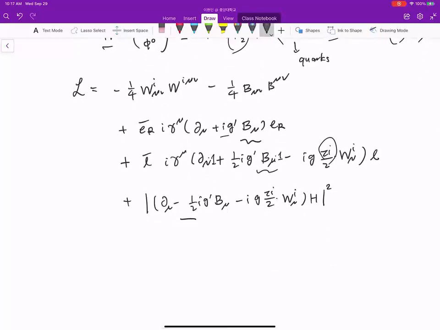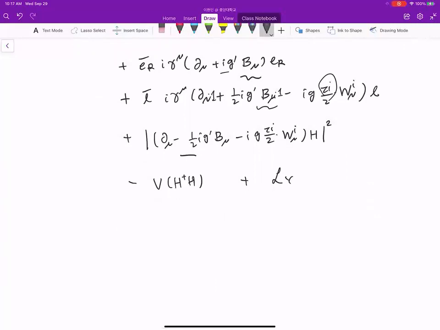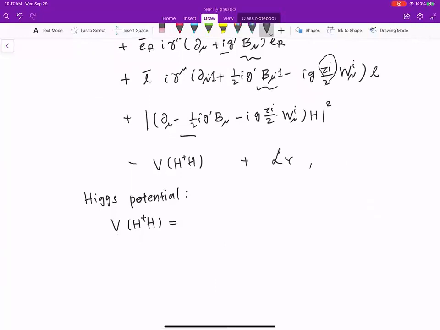And then we also need to add the Higgs potential and the Yukawa interaction for leptons. So the Higgs potential V(H) is a function of H†H, because H†H is the SU(2) invariant, of course, SU(2) cross U(1) invariant combination.